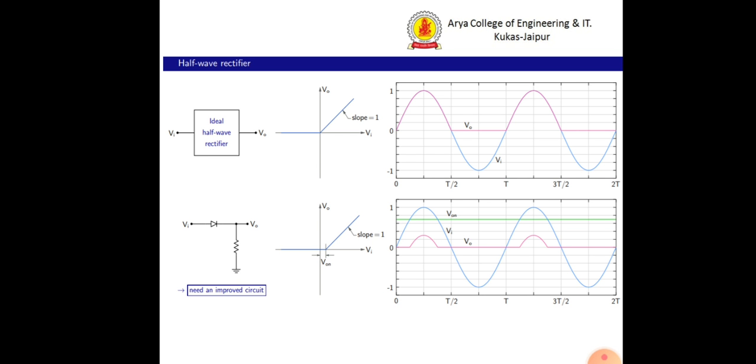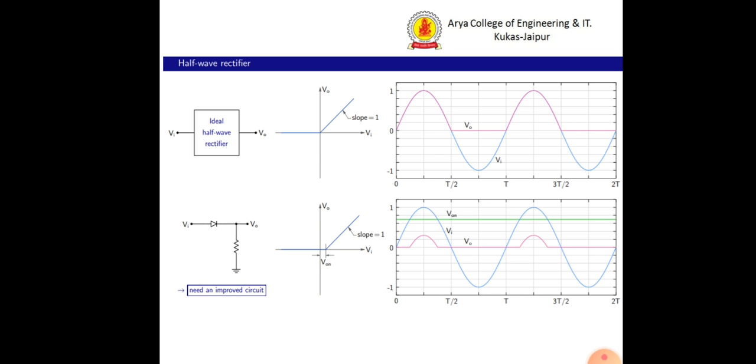we have a certain change in the ideal characteristic of the diode, and we will not have any output till the threshold voltage, and after the threshold voltage only the diode is going to conduct due to its forward bias, and this will happen in each and every cycle of input.